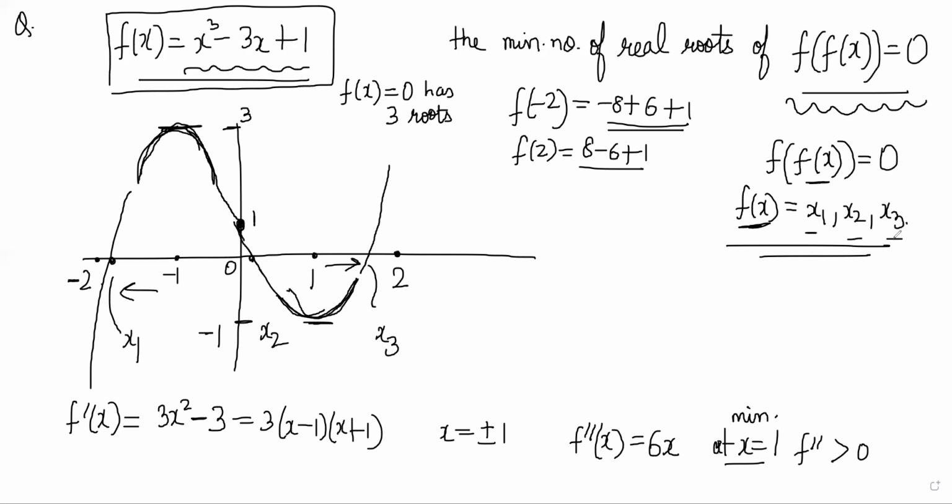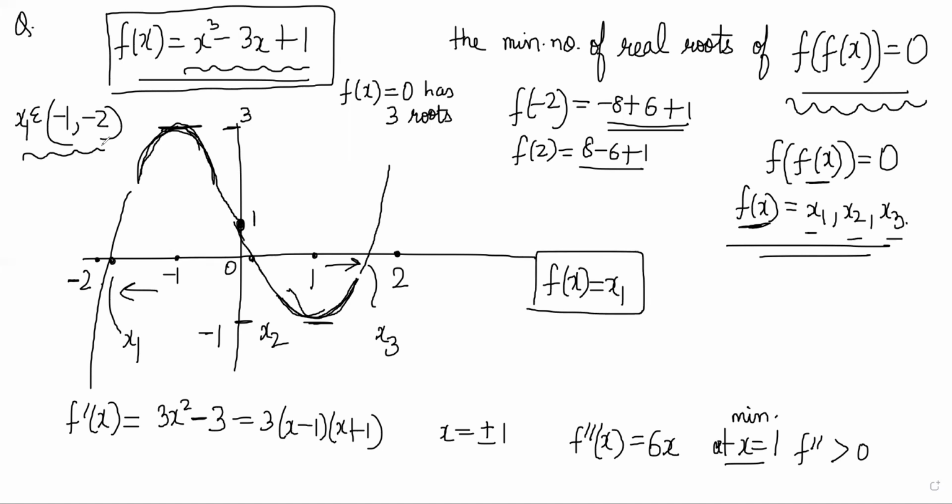Yes. So now let's think about x1. f of x can be x1. How many ways can this happen? Now x1 lies between -1 and -2, right? Correct. So think about the function behavior between -1 and -2.